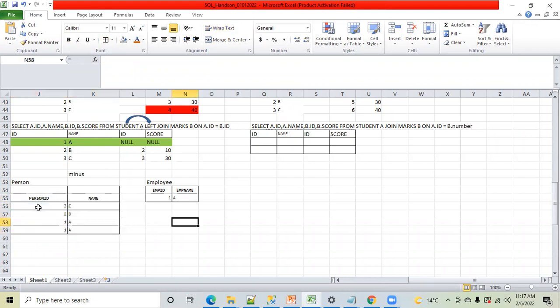Now your SQL engine is trying to compare this with this, and it will think, okay, this record is not present here. It is trying to compare this with this. This record is not present here. So it will give you this as an output.